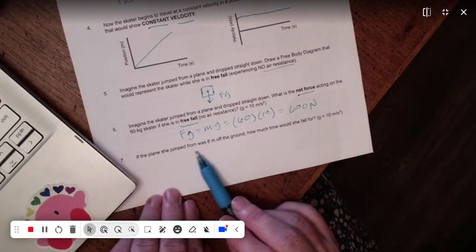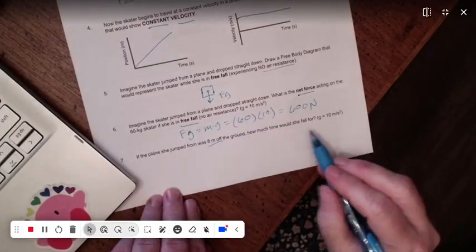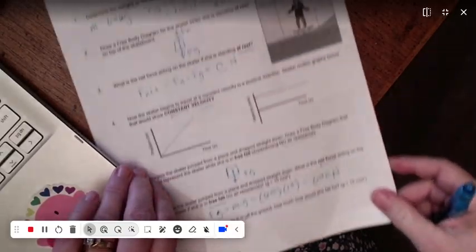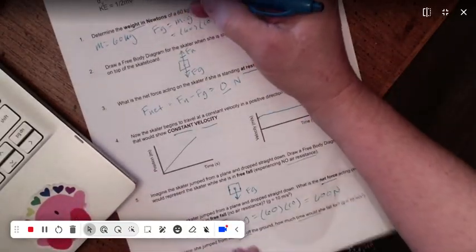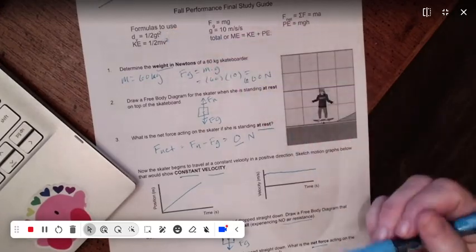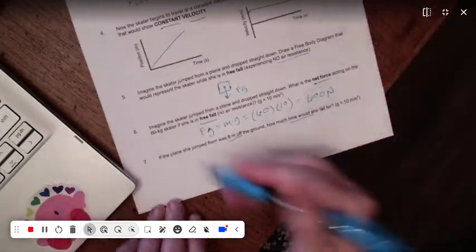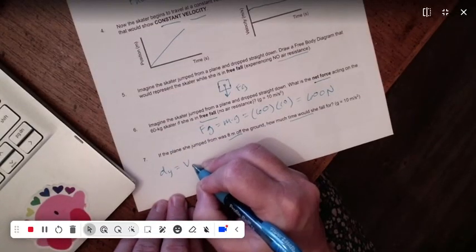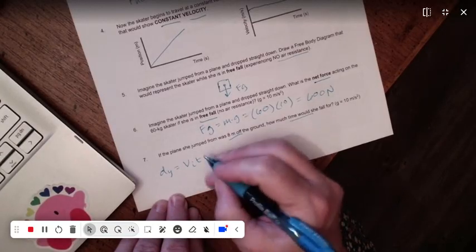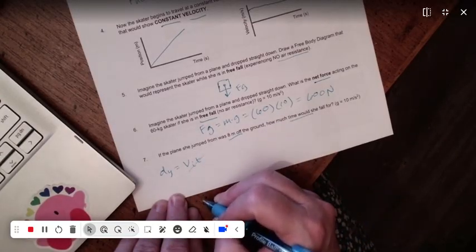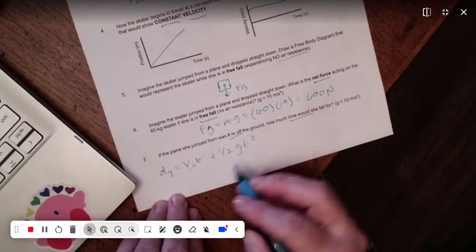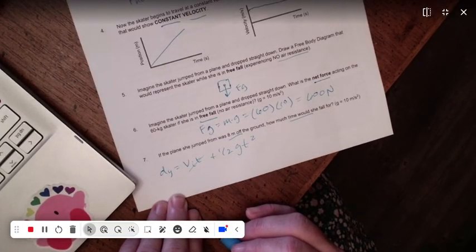If the plane she jumped from was 8 meters off the ground, how much time would she fall for? This goes back to this equation, if y'all remember. Let me write it out how I always wrote it out for us. Vertical displacement equals initial velocity times time, but she's starting from rest, so that's 0, plus 1/2 g t squared. This is the equation we solve for time.